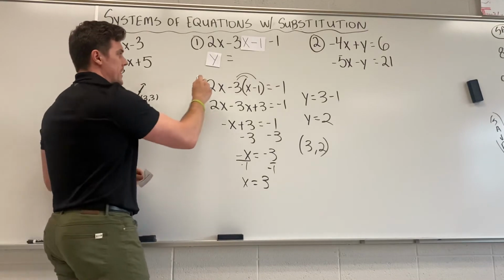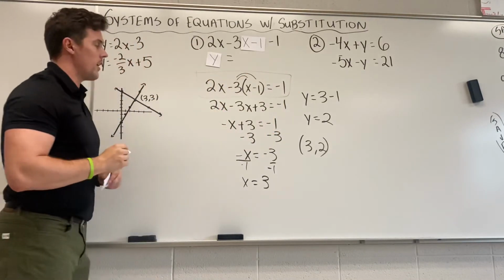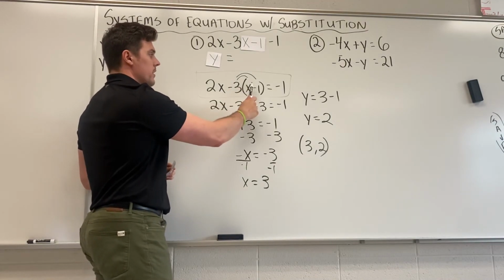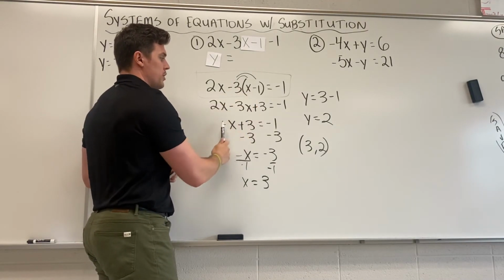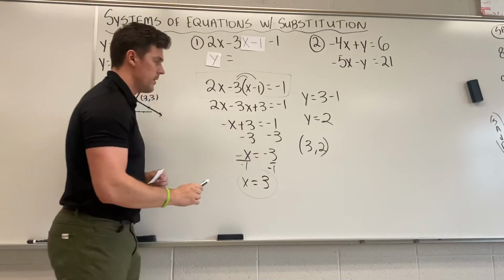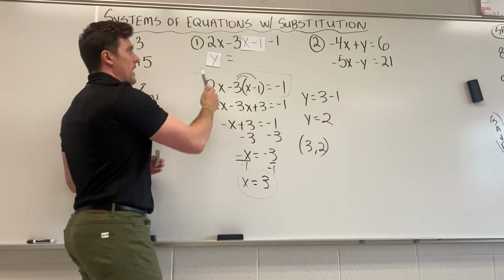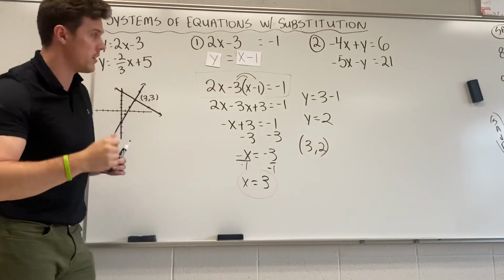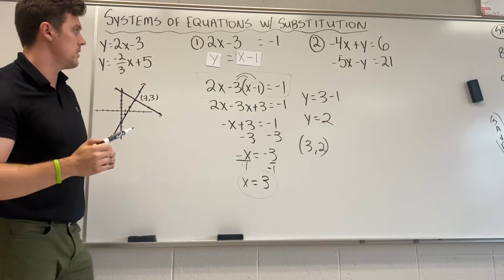So that's where this equation came from. I plugged in, or I substituted, x minus 1, then I distributed, I combined like terms, I used my inverse operations right here, found out that x equals positive 3, then I went back to my original equation right here, and I plugged in, or I substituted, 3 for x.